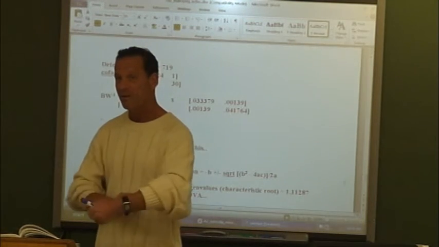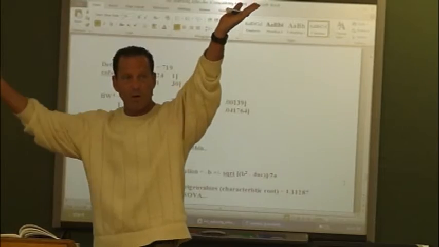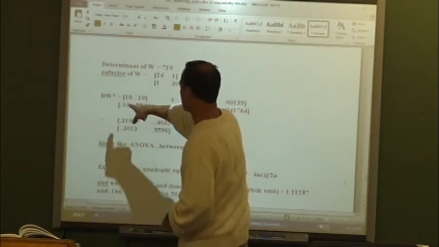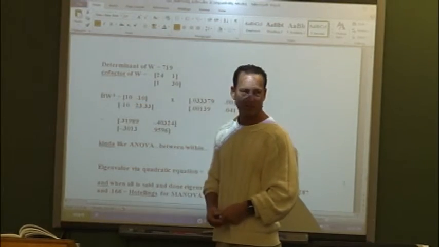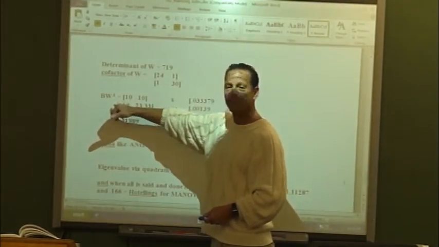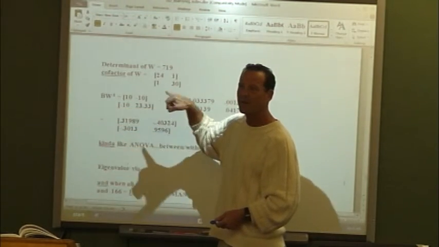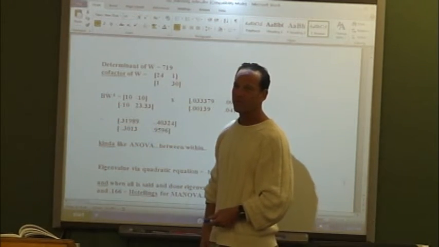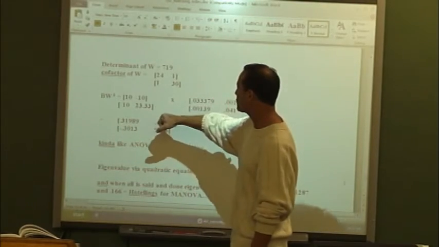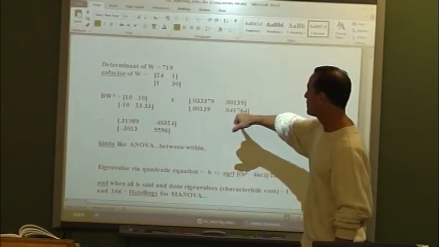Mean square between over within. Guess what that means? Between over within. Remember, the minus 1 means division. So everything in ANOVA is matrix algebra. I can take the between matrix times the within inverse.